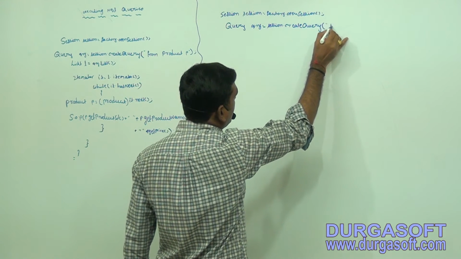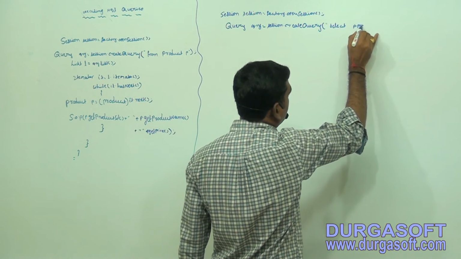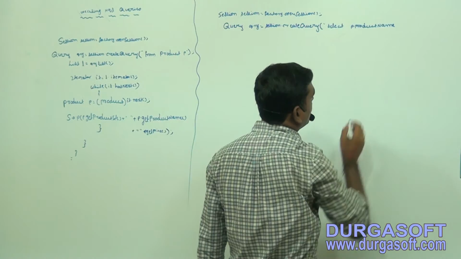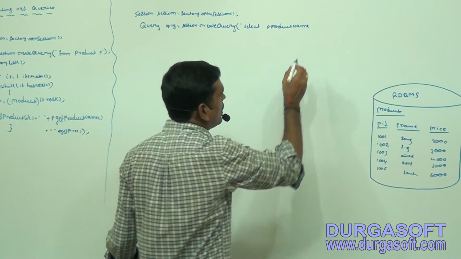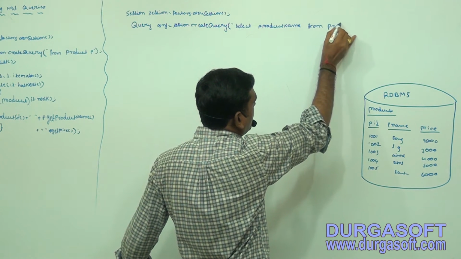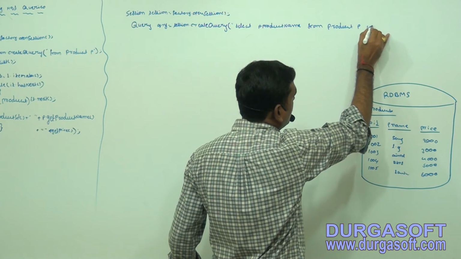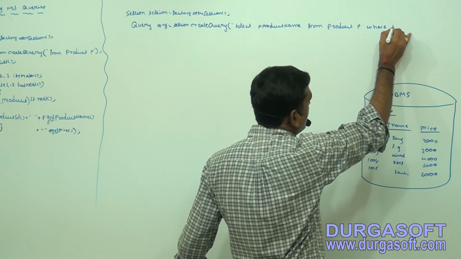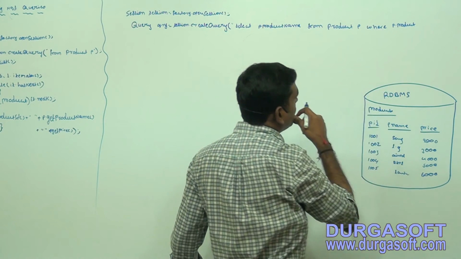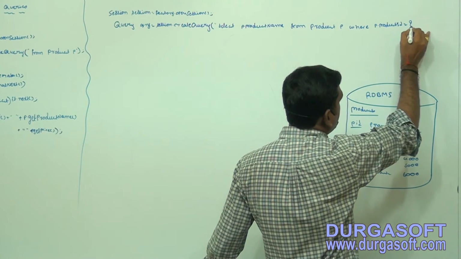Under that, select p.productName, from Product p, where p.productId is equal to question mark.